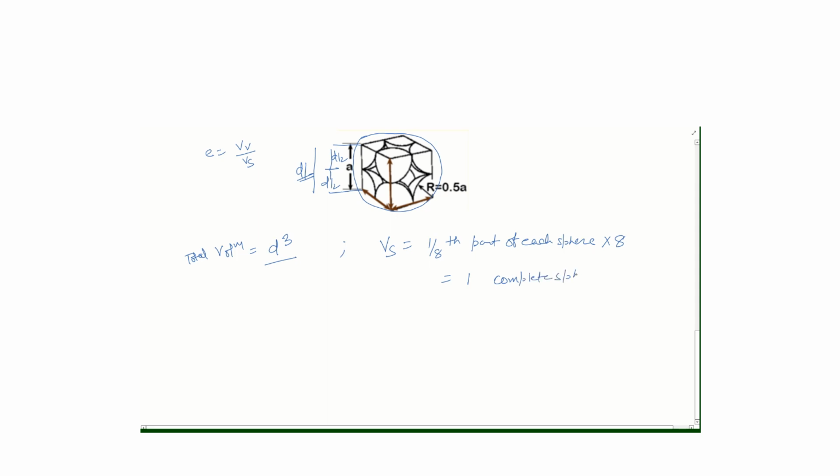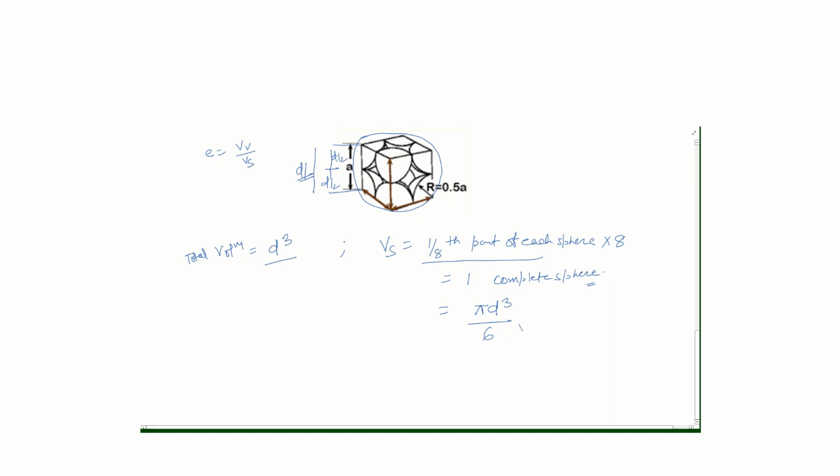And you know the volume of a sphere, so just determine it. The volume of the sphere is going to be pi d cubed by 6. So this cube is made up of 8 different spheres, and each sphere contributes its 1/8 part. So you simply assume that this is made up of one sphere.